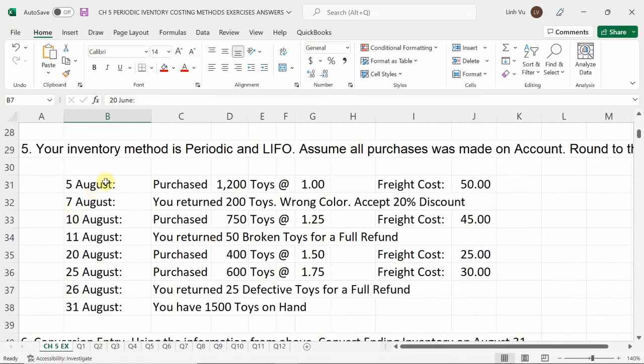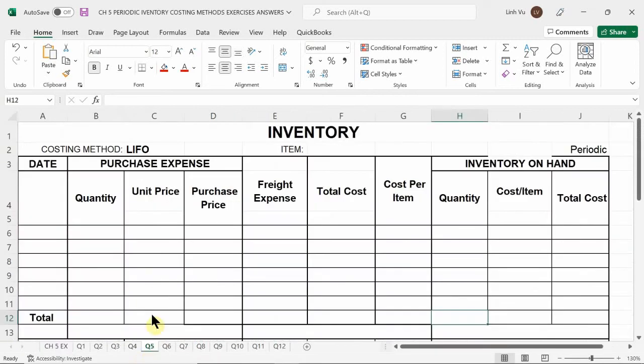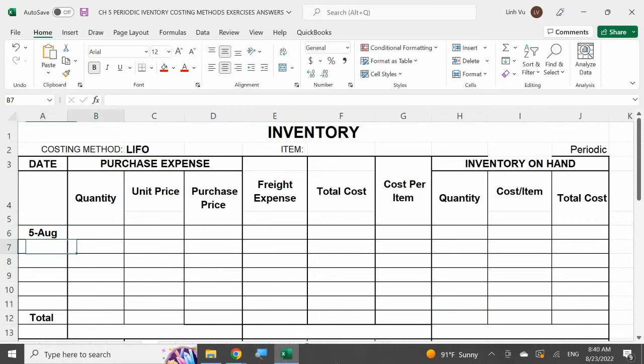So in this case, August 5th, you purchased 1,200 toys at $1 each, with the freight costing you $50. Okay, so 1,200 at $1. So question 5 here. All right, so it is August 5th, 1,200, $1 each, and $50 freight.